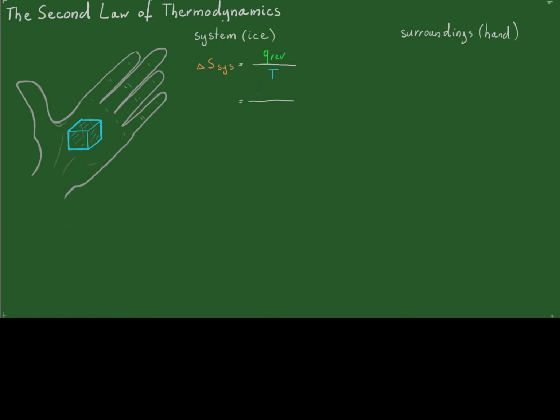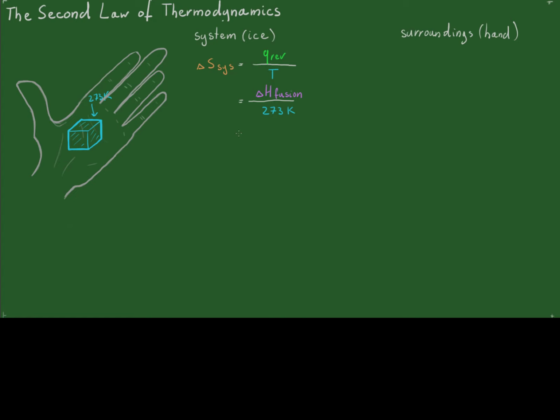So we need to look at the heat of melting of ice, which is also known as the heat of fusion, or delta H fusion. And what is the temperature? Well, ice melts at 0 degrees Celsius, which is 273 Kelvin. So that is the temperature of this ice cube here, 273.